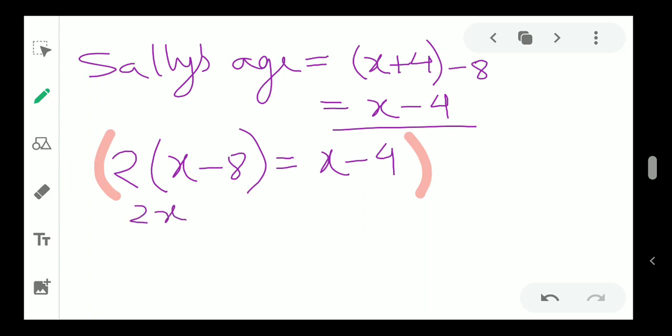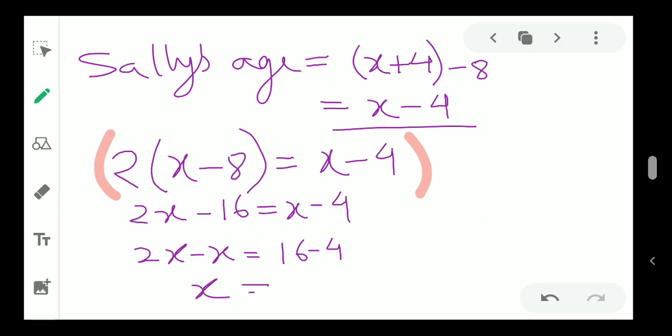Now you know that when nothing is there between the 2 and the bracket, that means multiplication. So this will be like this, and now I have to bring the X to this side, so X will be negative, and I have to bring this 16 to that side, so 16 will be positive. 2X minus X, so 1X is left, 16 minus 4 is 12.